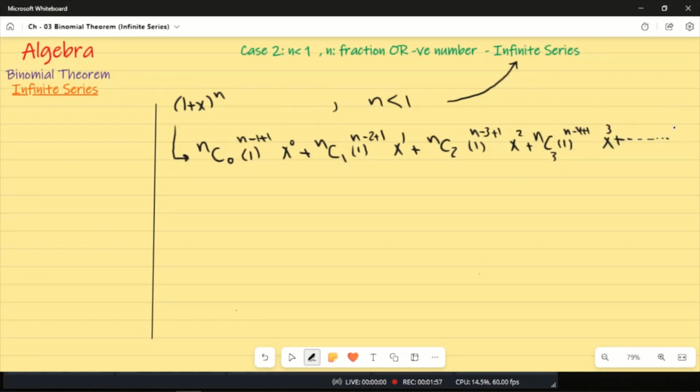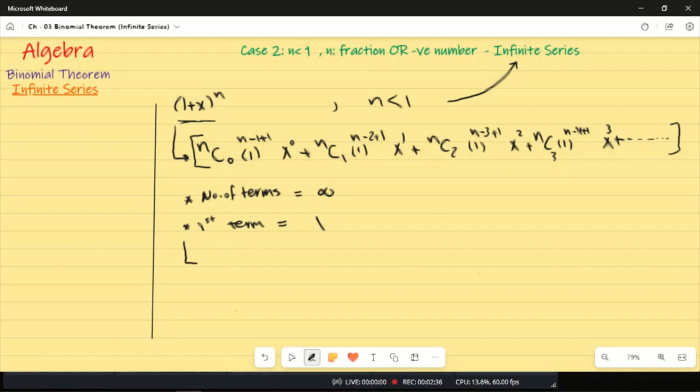This will be an infinite series. So the number of terms here will be equal to infinity, and if you notice, the first term in this expression must be equal to 1.